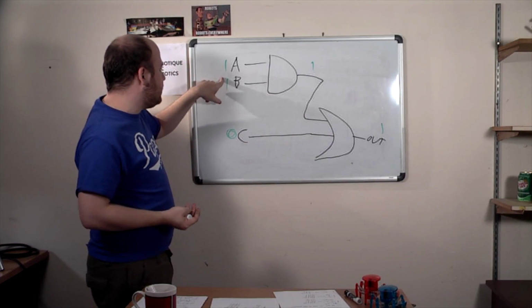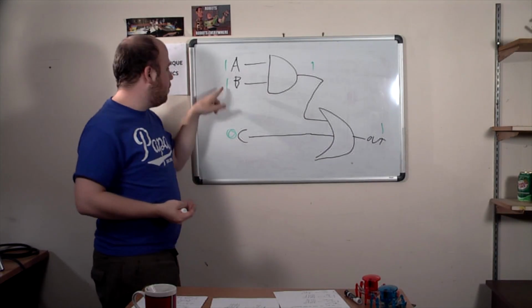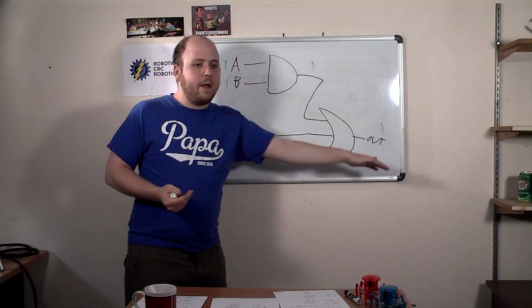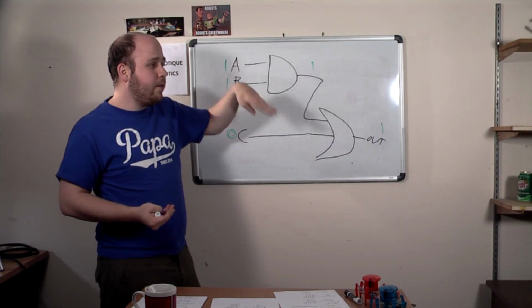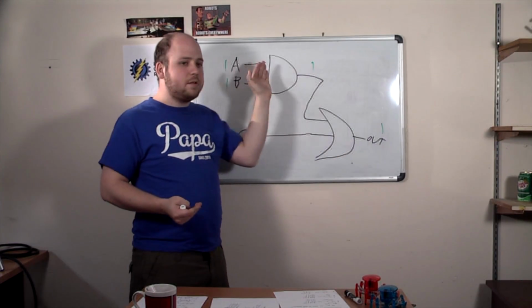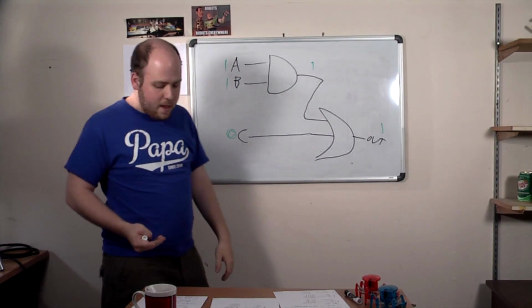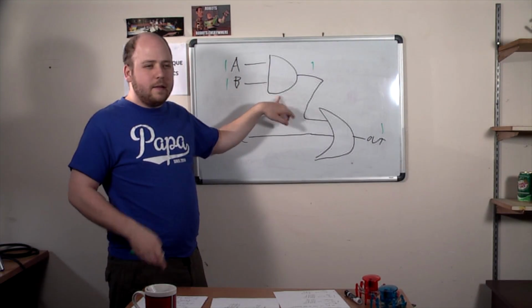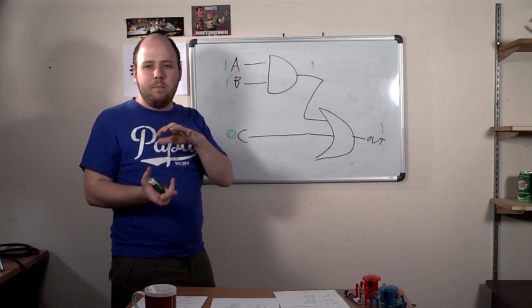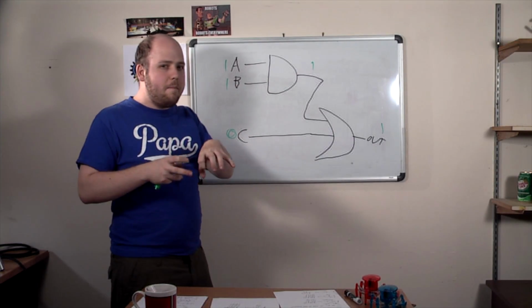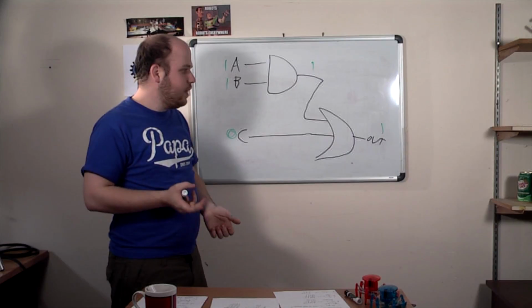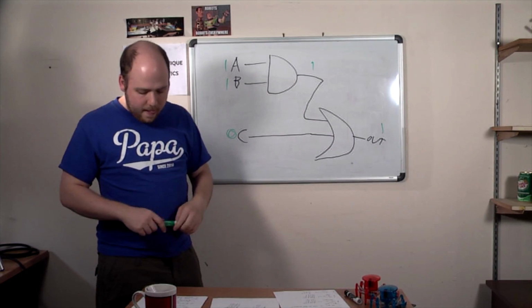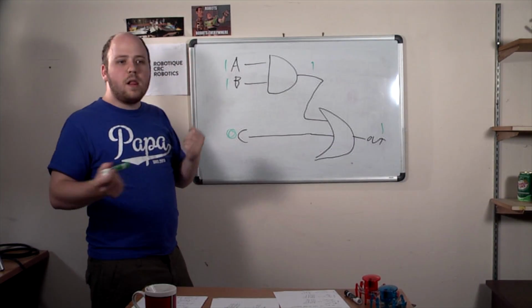As soon as I switch to 0 or 1, it propagates immediately, so it will go really fast, and there's almost no delay, okay? This could lead to some kind of weird behavior at some point, so that's why people use clock systems.